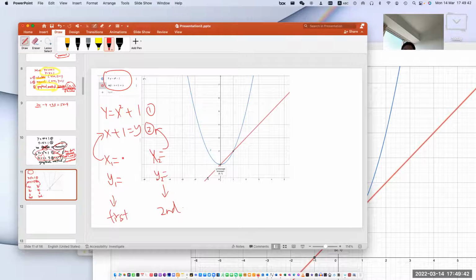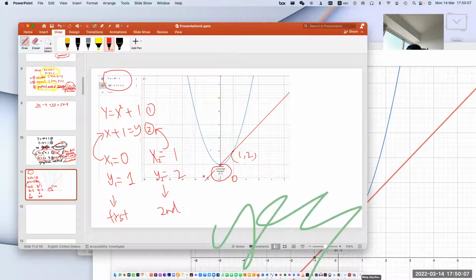So the first pair is this one. It's 0 and 1. This pair is 1, 2. So it's 1 and 2. Simple, right? So this is the value of the graphical method. Are you clear?